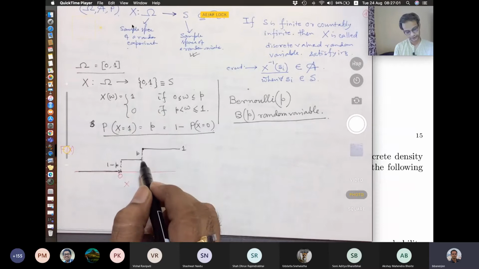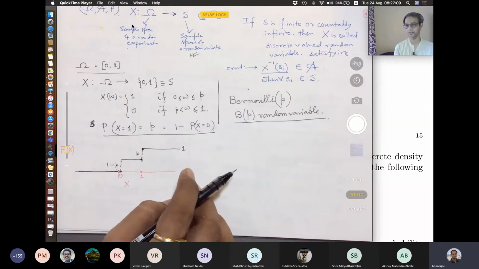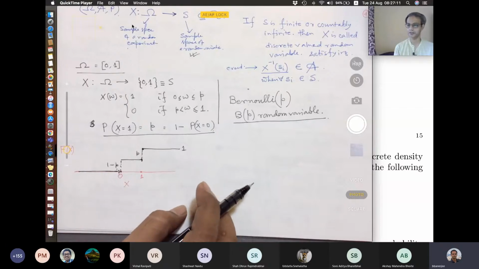The probability of x equals 1 is p. What will be the probability of x equals 0? Its complement. Yes, sir, 1 minus p. Is it okay now? Yes, sir. Okay.